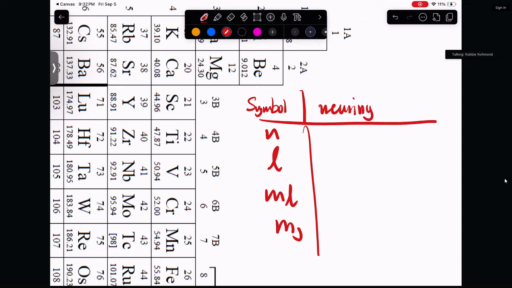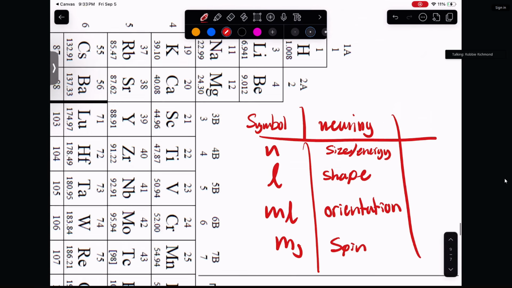So n, that's our principal quantum number, and usually that means the size or energy. l, that's the shape of the orbital. ml, that's going to be the orientation of the orbital. And ms, that's going to be the spin.